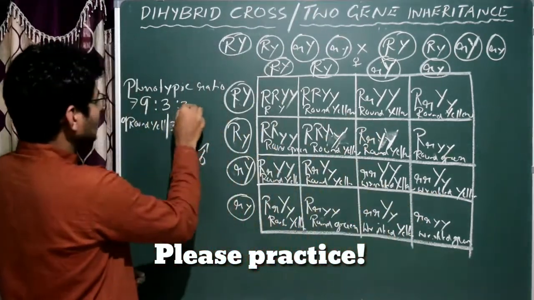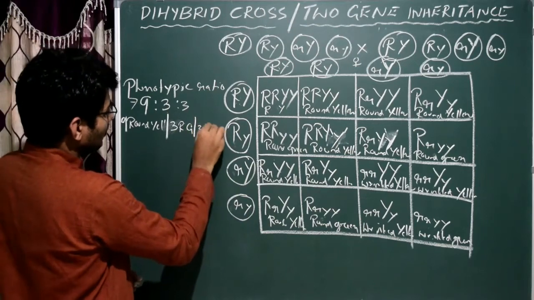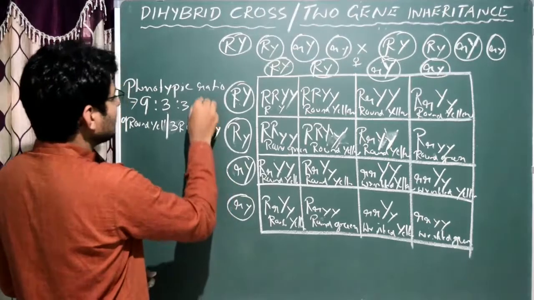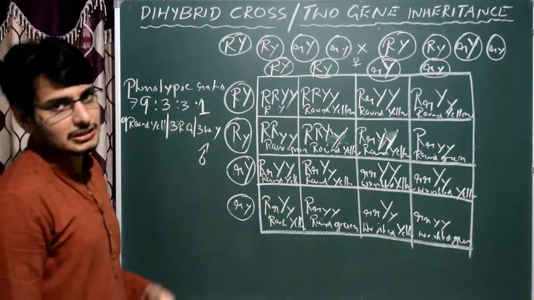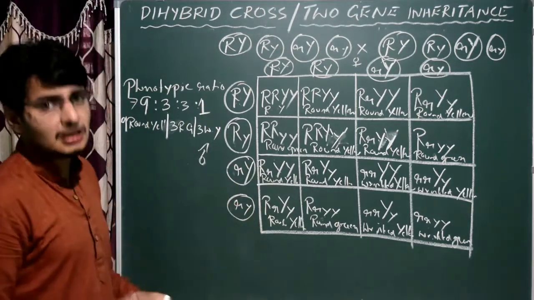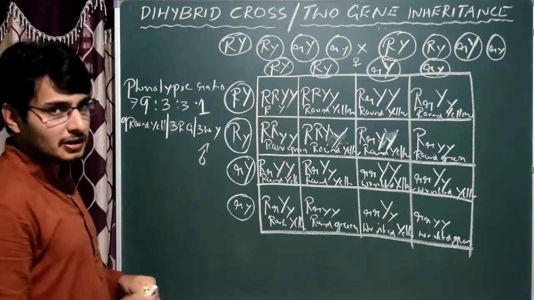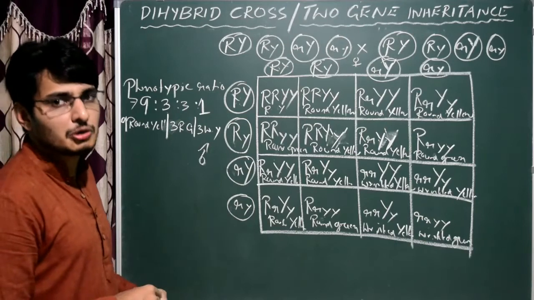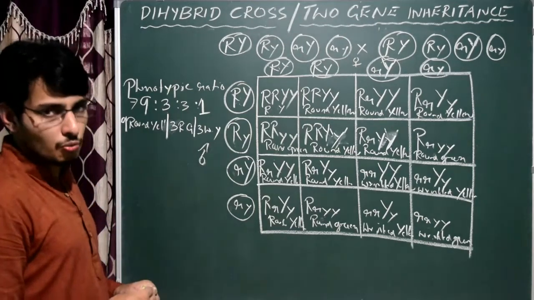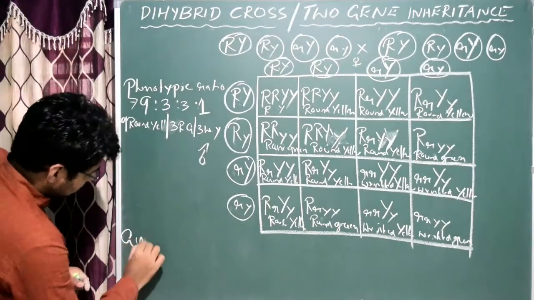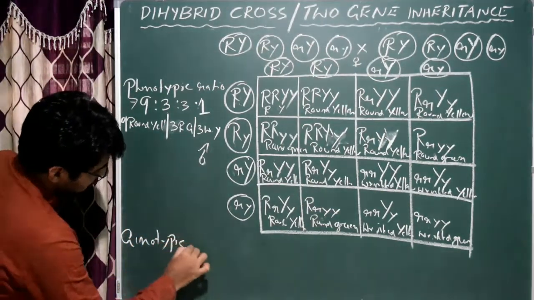So 3 wrinkled yellow, and finally only one wrinkled green. So this is the phenotypic ratio, the external appearance of the seed, that is 9:3:3:1. Remember, very important: what is the phenotypic ratio of a monohybrid cross? 3:1. Now the genotypic ratio, I need space here, so I'll write it here.